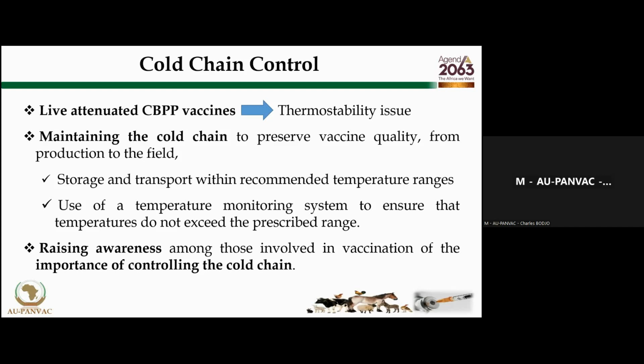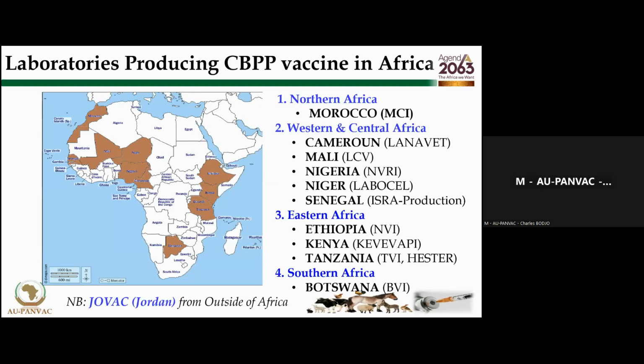And just to give you briefly, these are the different manufacturers producing CBPP vaccine in Africa. We have almost 10 laboratories from North, West, Central, East, and Southern Africa producing CBPP vaccine.